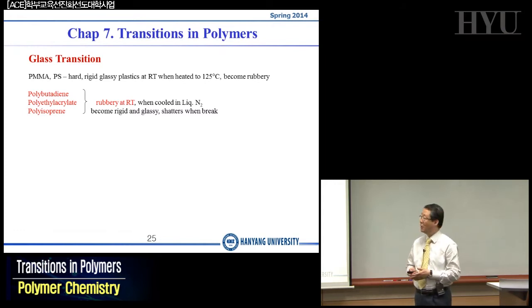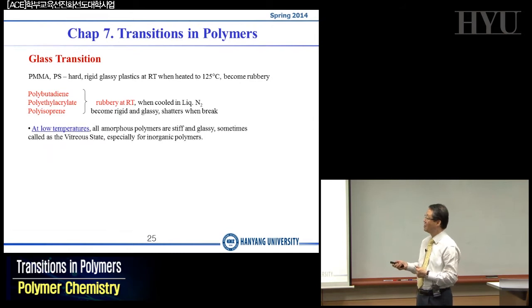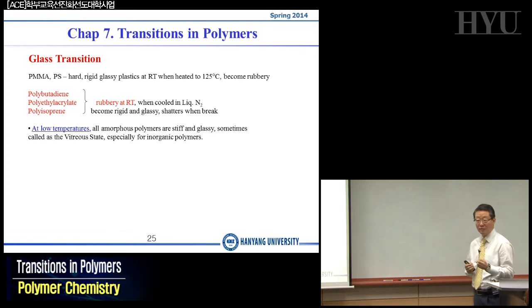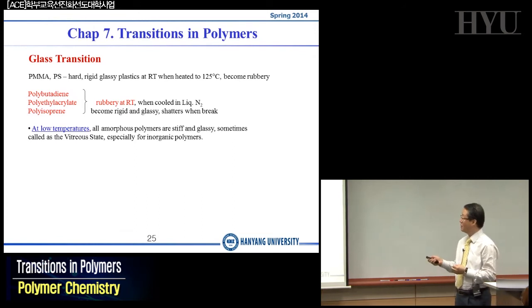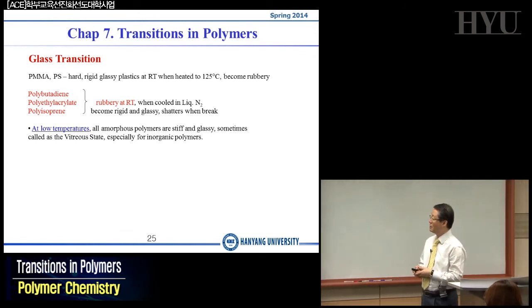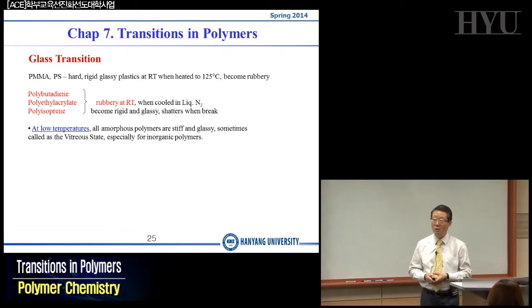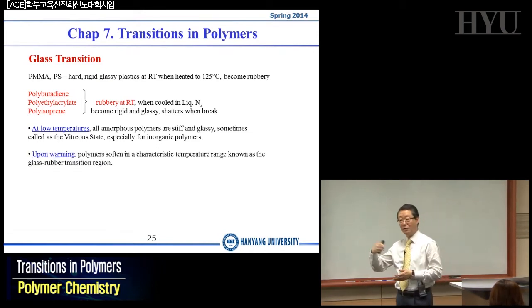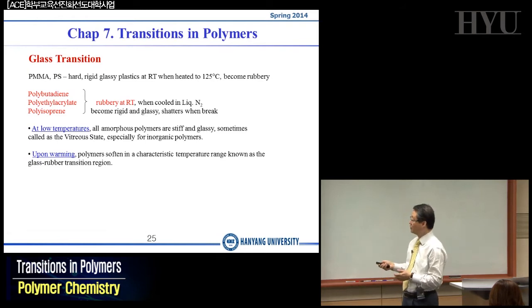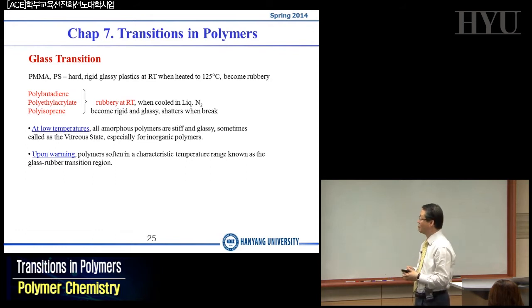Anyway, at low temperature, most of the amorphous polymers are very stiff and glassy, and sometimes are regarded as inorganic. But if you heat the material up, the polymers will be very flexible, will be softened, so that they become rubbery.